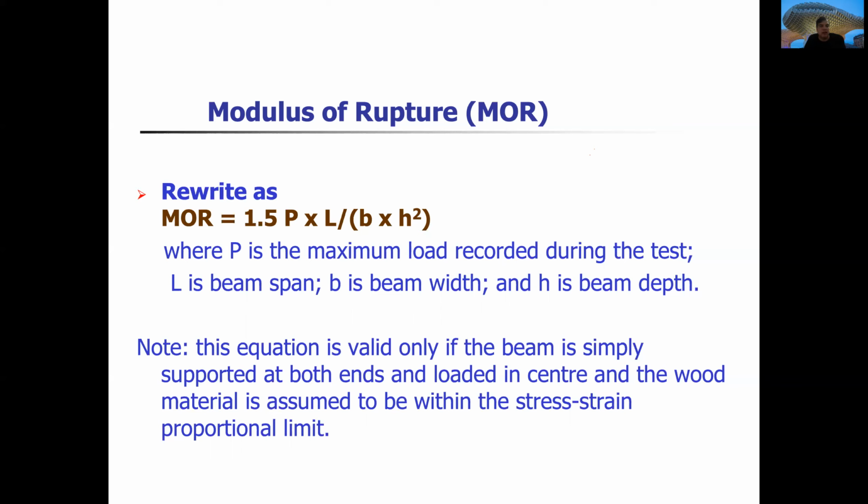Okay, this equation is valid only when we have a simple beam, supported at the ends, and load in the center, and all our problems will be of this type. The formula will change when we have other loads, and they become a little bit complicated. Well, I think that this is an easy representation that will work for our understanding.